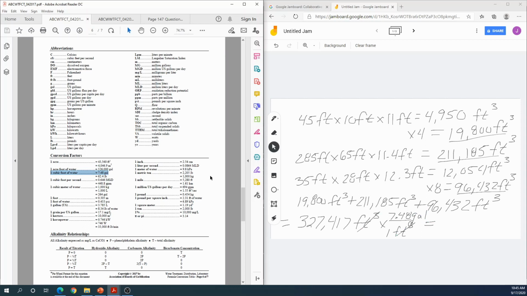We get 327,417 times 7.48. I'm just going to go ahead and divide this by 1 million in order to get million gallons. And with that, I'm going to get 2.45 million gallons.